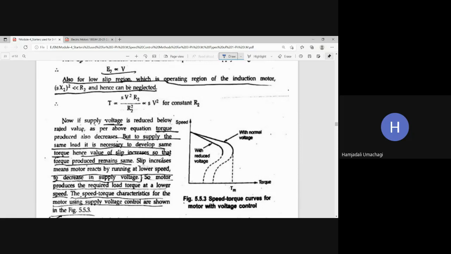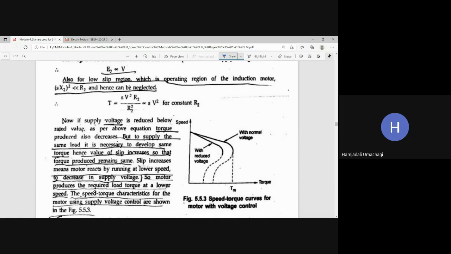So slip increases to maintain the torque constant, which means the motor reacts by running at lower speed. Therefore the motor will run at a lower speed because of the decrease in supply voltage. The motor produces the required load torque, but at reduced speed.